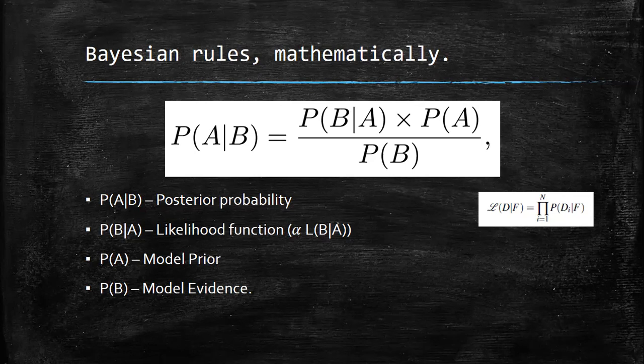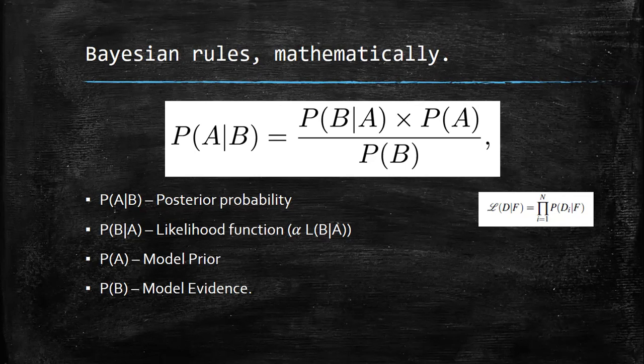I think he passed away in 1761, and a posthumous paper was published in 1763, which had this formula. I know we've all come across Bayes' rule at some point during high school or in some introductory probability course, but let's have a brief refresher just to make sure that we're all on the same page.